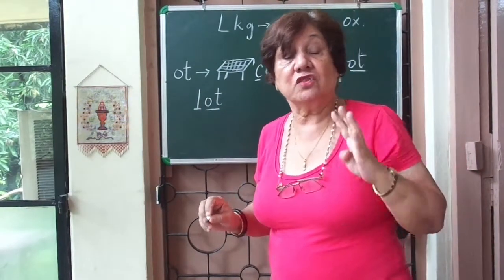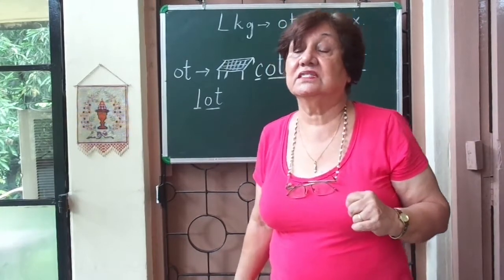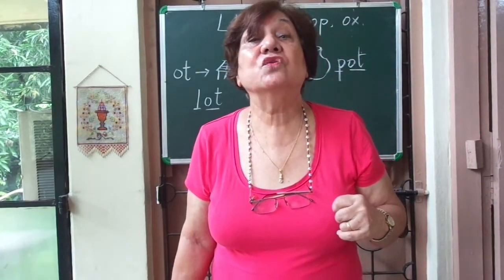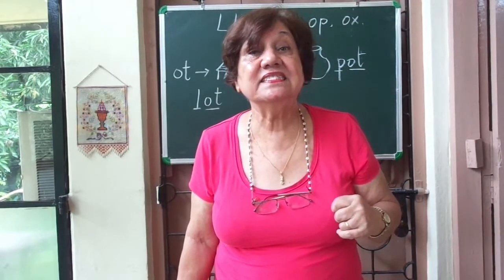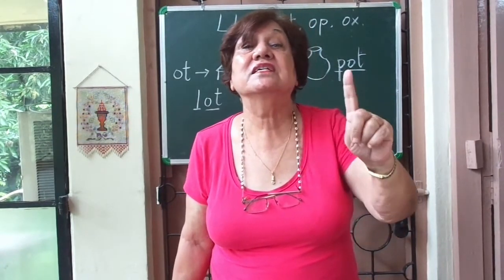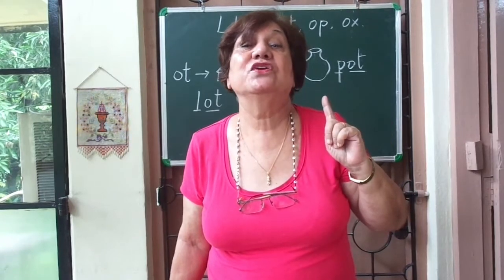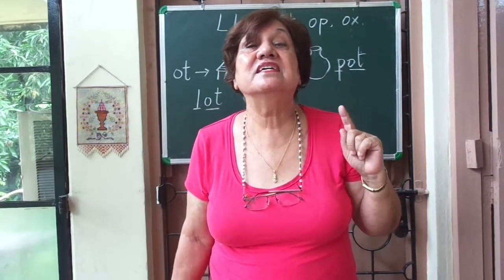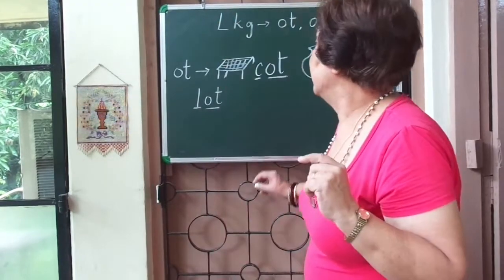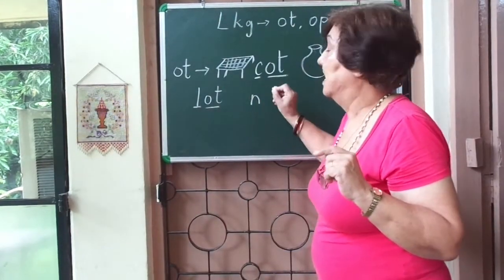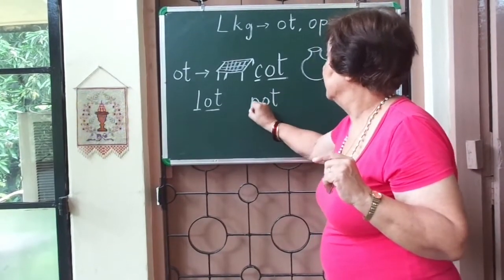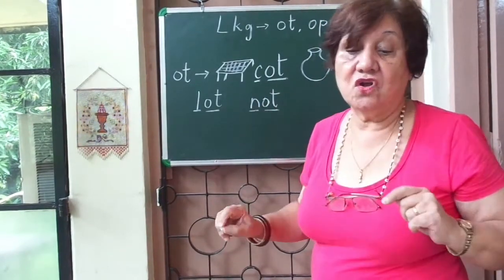The fourth word that I'm going to teach you is, when you are good, what did Katie auntie say? You are not a naughty boy. You are a good boy. So not. N. Who says N? N says N. And ot. O-T, ot. N, ot. Not.